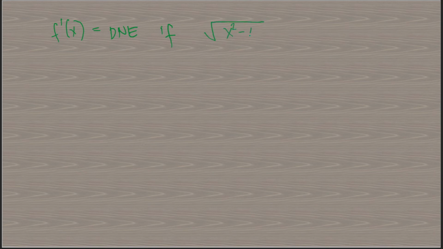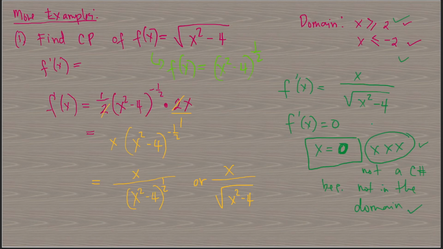So x squared minus 4, we will set that to 0. By the way, if you're asking why we set x squared minus 4 equal to 0, going back to our derivative, do we allow a fraction to divide by 0? Of course not. Try to divide any number by 0 on the calculator and it will say math error.